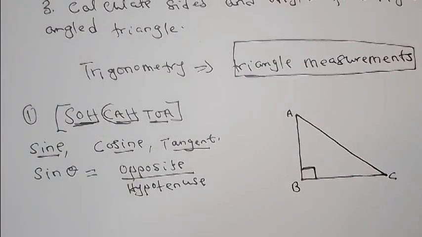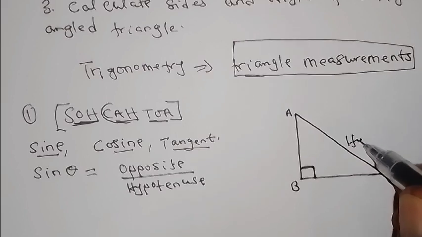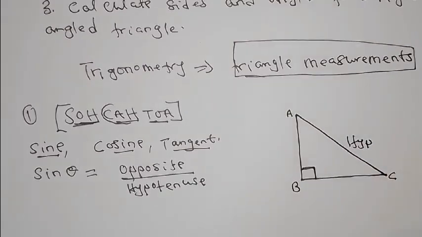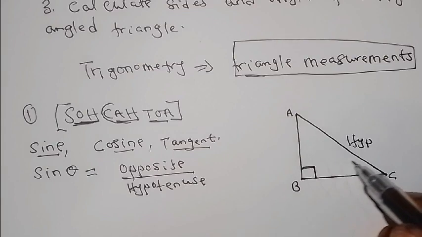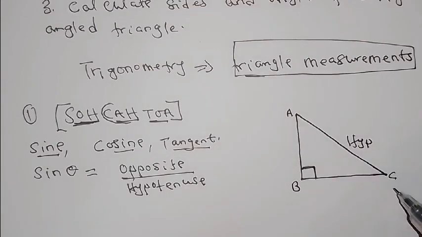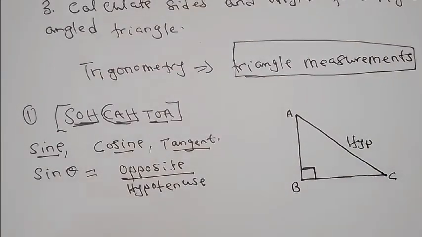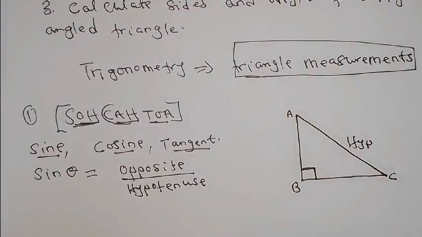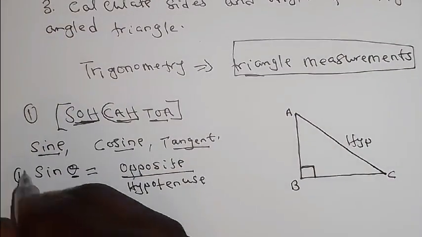In this case you have a right angle triangle, so the hypotenuse is this side, and these two sides are the adjacent. Depending on where the angle is, it will help you to find the opposite. So this is number one.